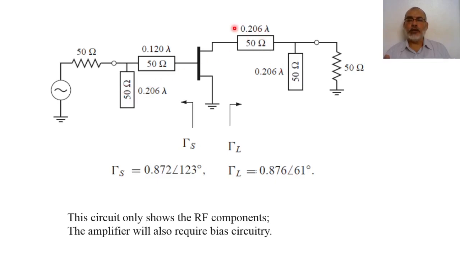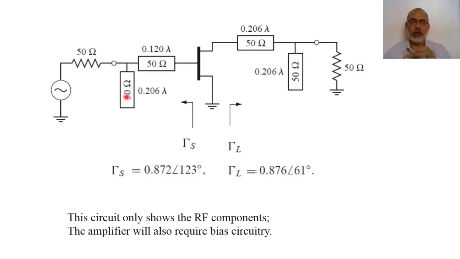And from these different values, we are going to calculate gamma load and gamma source. And from gamma load and gamma source, and from the S parameters at 3 gigahertz and 5 gigahertz, we can determine the transducer gain. Also, from this point, we can calculate the reflection coefficient at the source itself based on this matching network. So this would be the reflection coefficient at 4 gigahertz.